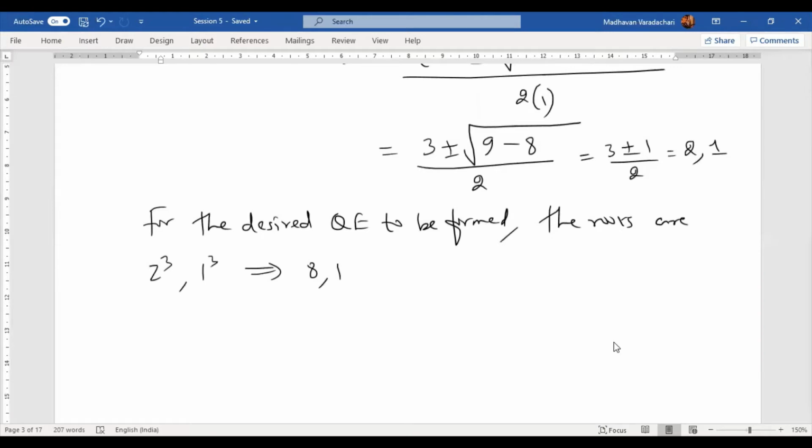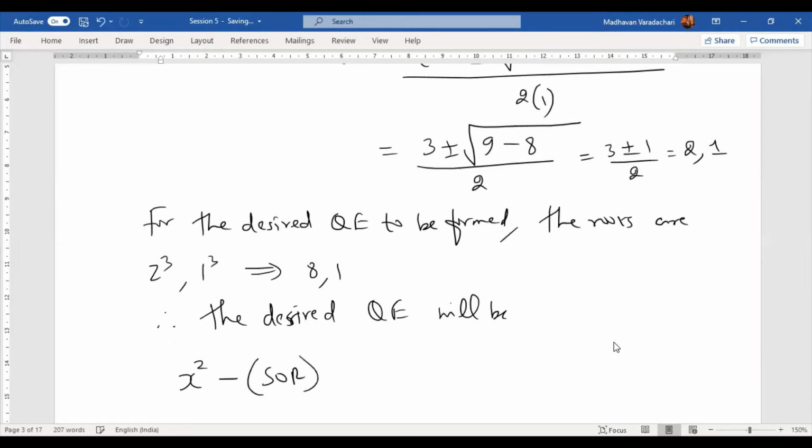Therefore, the desired quadratic equation will be x square minus sum of the roots times x plus product of the roots equal to 0.